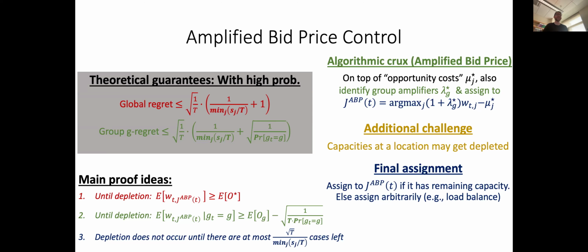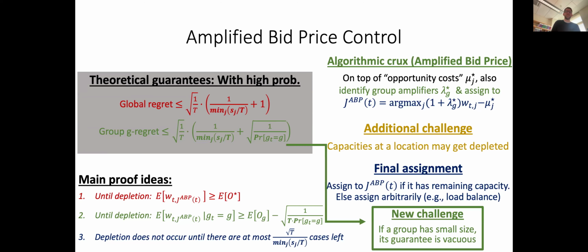But if you define groups based on country of origin, you might have groups that are quite small. And if a group is small, this square root term is not vanishingly small like we would want it to be. So this guarantee ends up being vacuous for groups that are small.